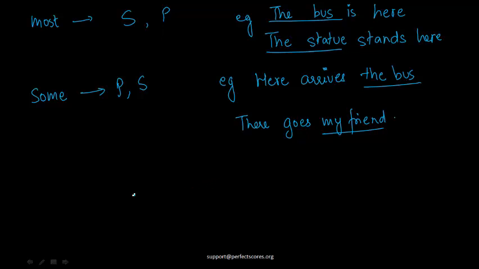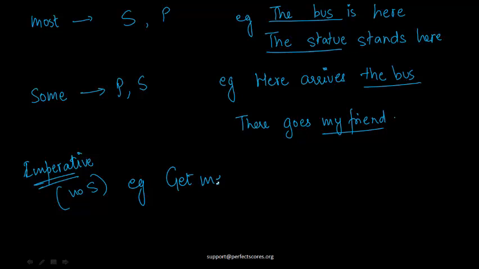But sometimes in imperative sentences, the subject is often left out. For example, get me the book. Now you're obviously telling this to someone, but you don't need to mention that someone in the sentence. You don't need to say, you get me the book.